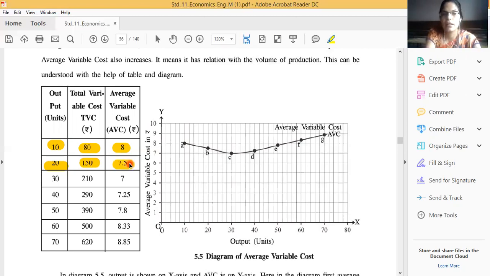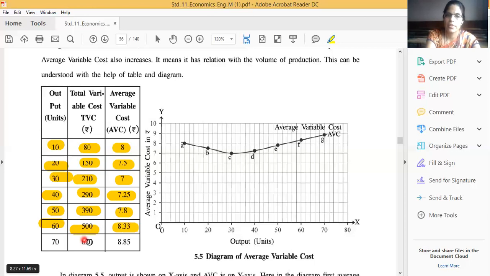Next, when production is 30 units, the total variable cost is 210 and the average variable cost is 7, because 210 divided by 30 is 7. For 40 units, 290 divided by 40 is 7.25. For 50 units, 390 divided by 50 is 7.8. For 60 units, 500 divided by 60 is 8.33.